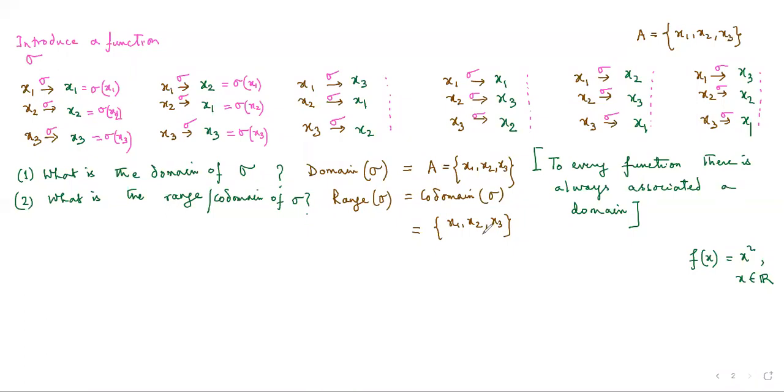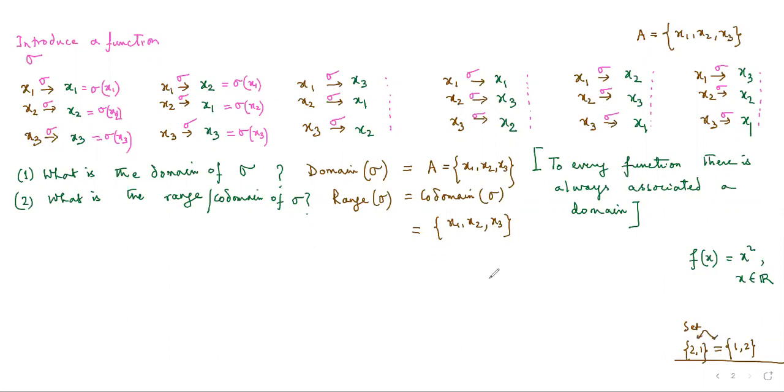A set is defined as a well-defined collection of distinct objects. So whenever we talk about a set, if I consider that this is a set, then this set and this set are actually the same. This is not the case with a sequence. If I write 1, 2 and call it a sequence, then 1, 2 and 2, 1 are actually different.